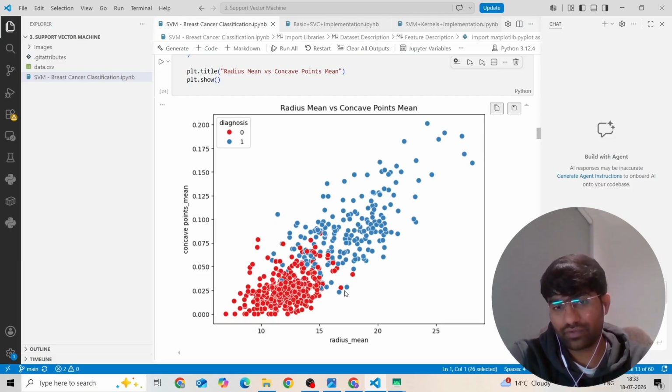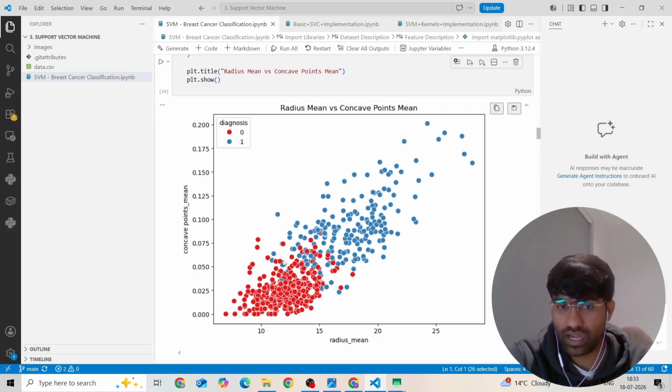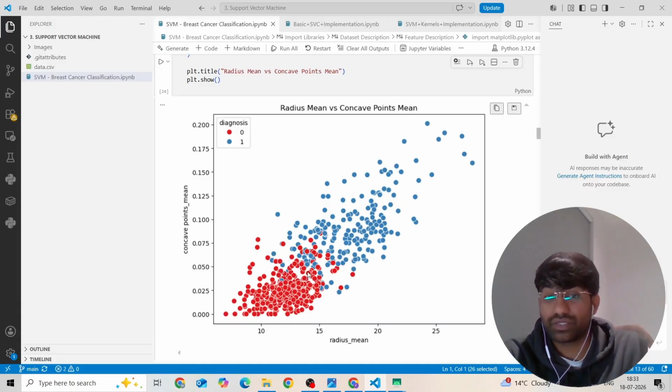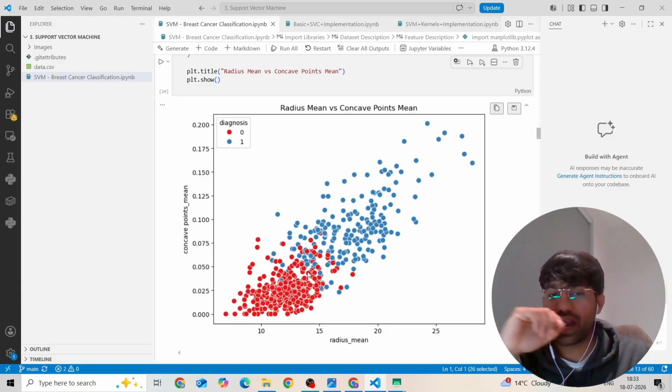We can linearly separate this and make the classification. And one more point to observe here is, see, there is overlapping of points, red and blue. What does this mean? The hyperplane which our machine is going to draw will be a soft margin. It won't be a hard margin.